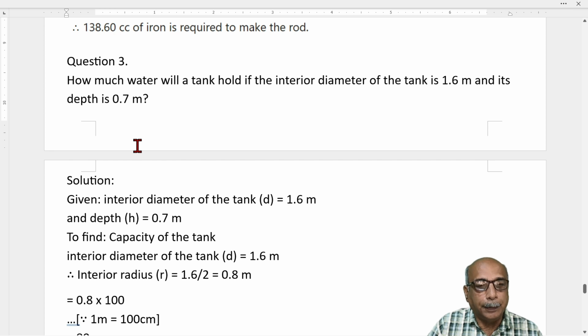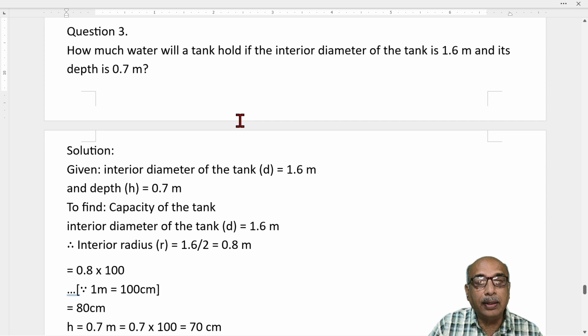Question 3. How much water will a tank hold if the interior diameter of the tank is 1.6 meter and its depth, means again height only, is 0.7 meter.